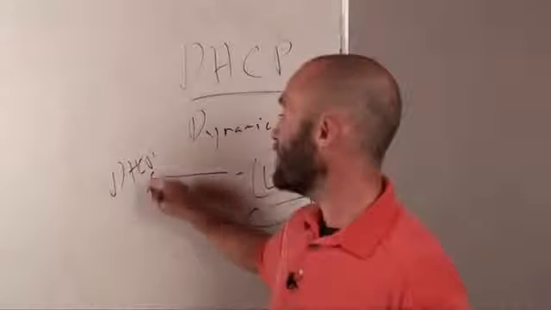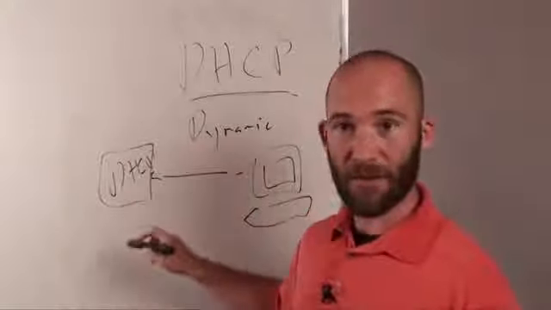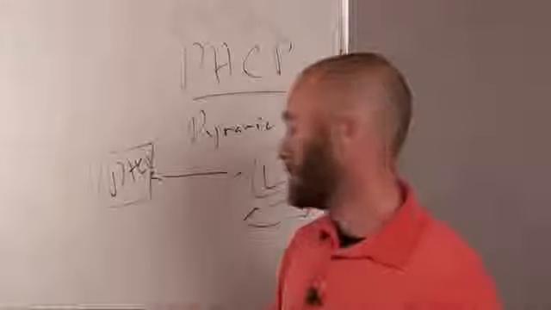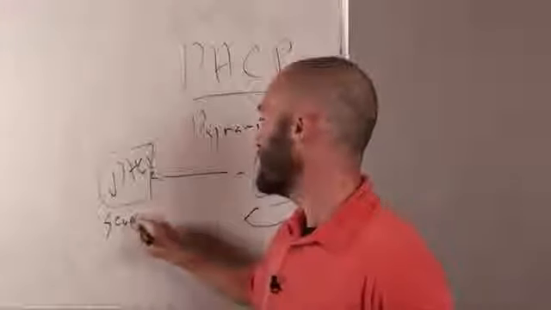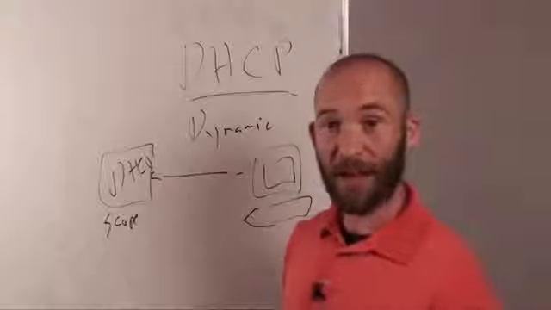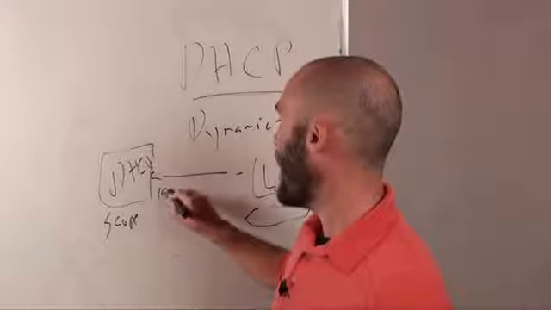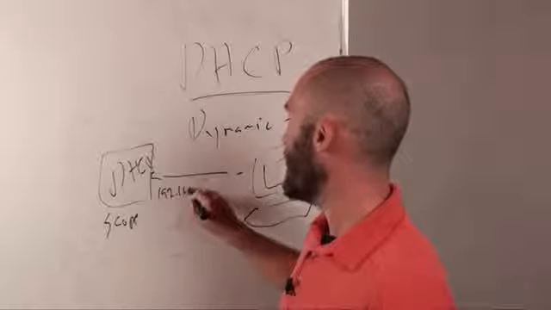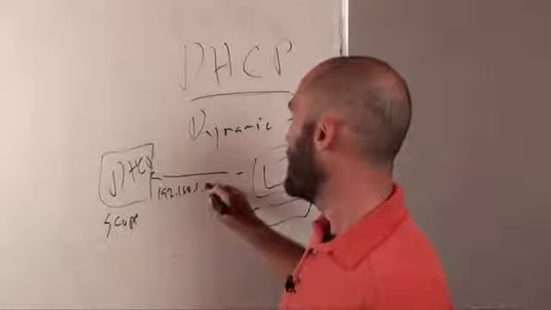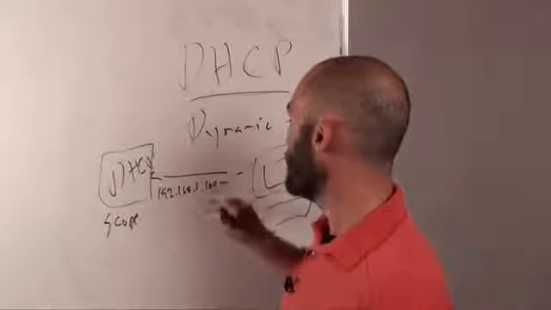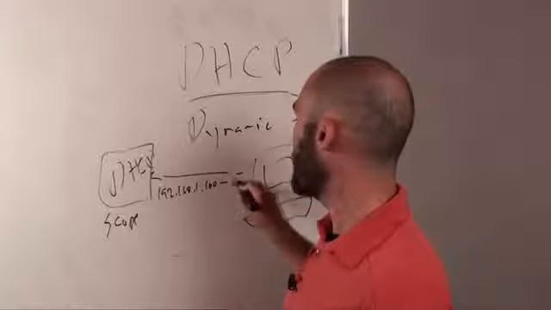You have configured in the DHCP server the scope of IP addresses the DHCP server can give out. So you will tell the DHCP server, you can give out IP addresses 192.168.1.100 through 254.